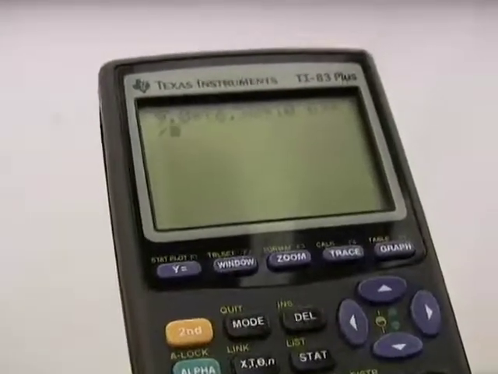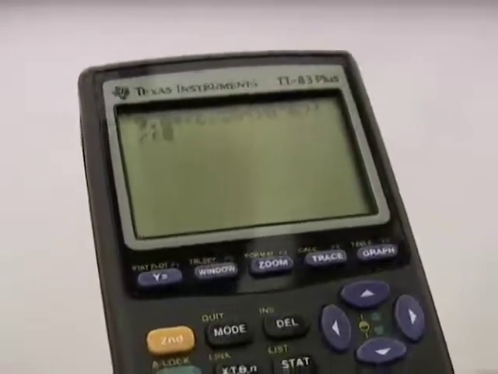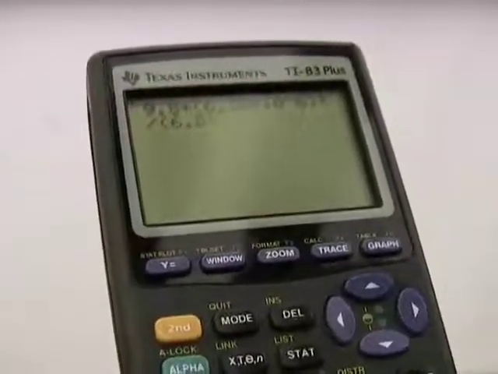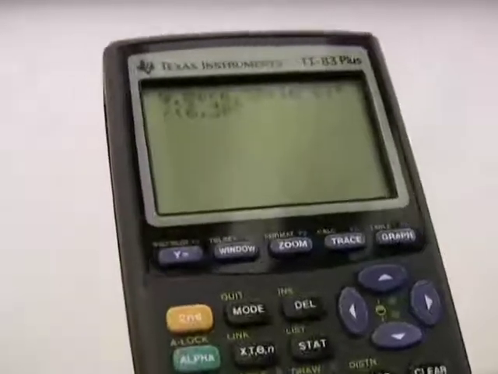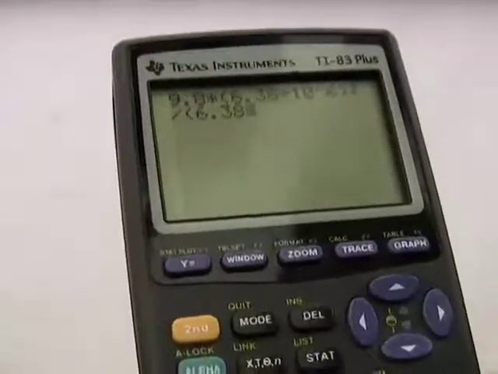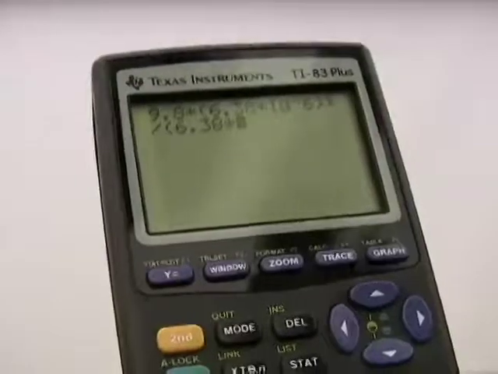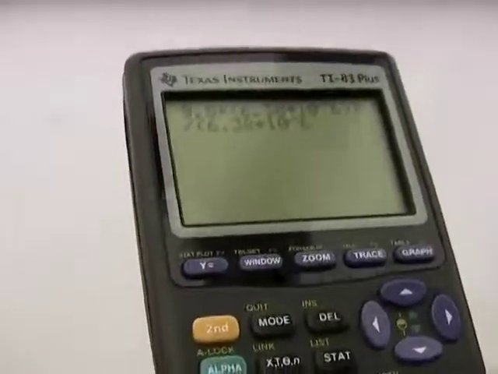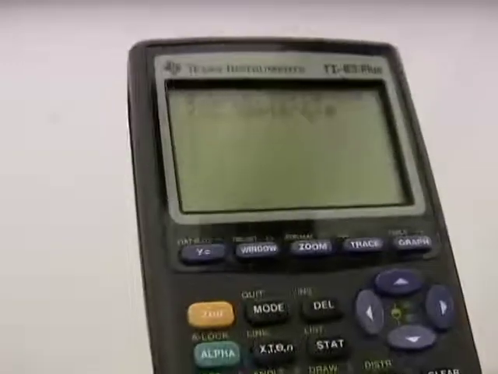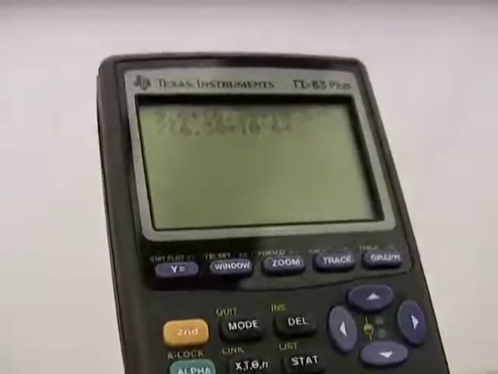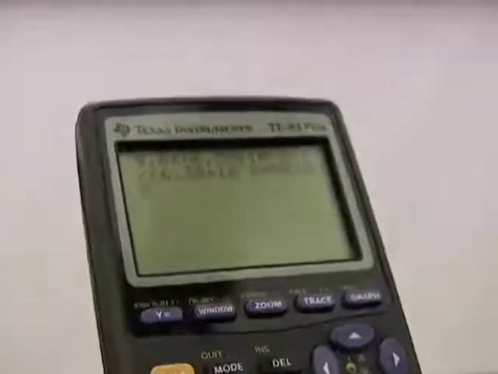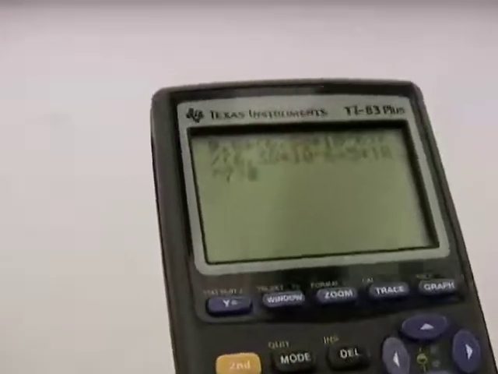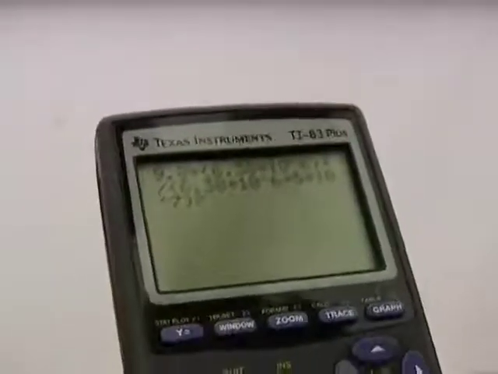parenthesis, the parenthesis, 6.38 times 10 to the power of 6 plus 5 times 10 to the power of 7, parenthesis closed, and square it.